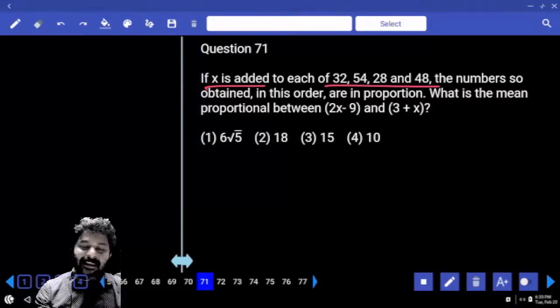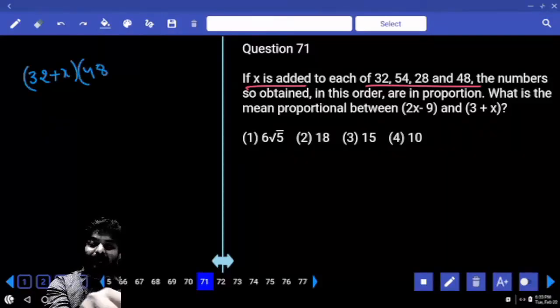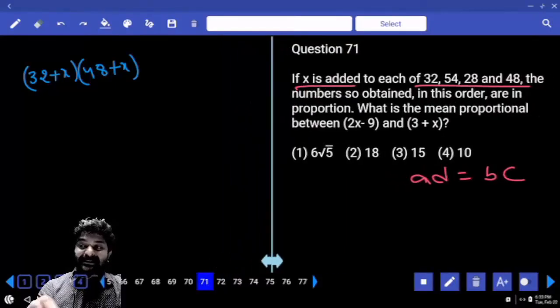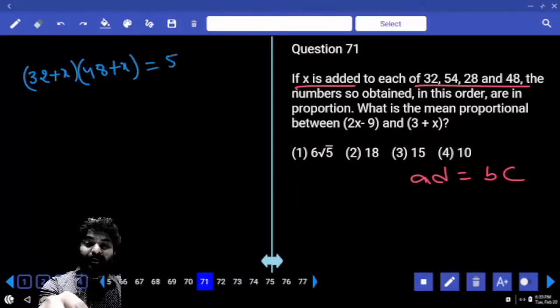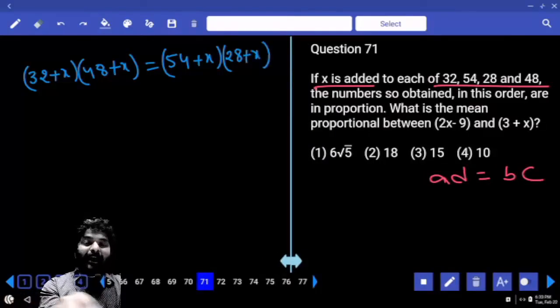What is the A value? 32 plus X. What is the D value? 48 plus X. AD must be equal to BC. B value is 54 plus X. C value is 28 plus X. This must be equal to 54 plus X into 28 plus X. After solving this, you will get the X value.